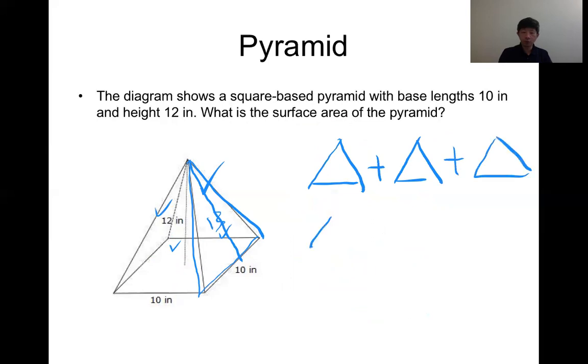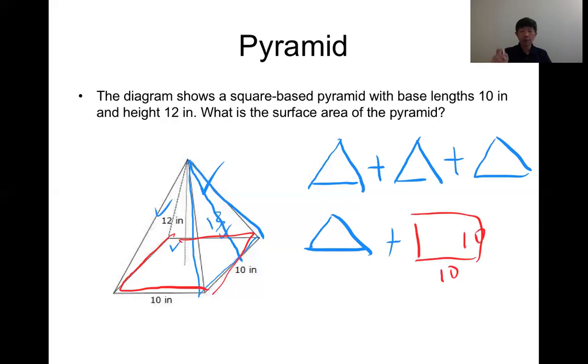Yes, I see 4. I have 4 triangles like this, right? And I have another one on the bottom, which is 10 by 10, right? Did you see it? 10 by 10. And then I have a base of 10 and the height is 13, right?